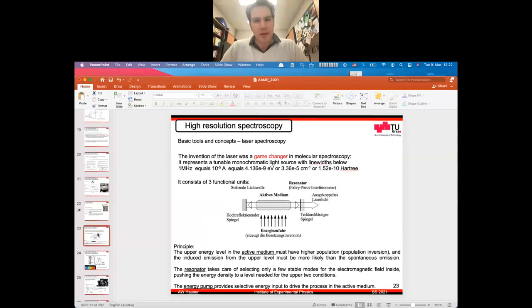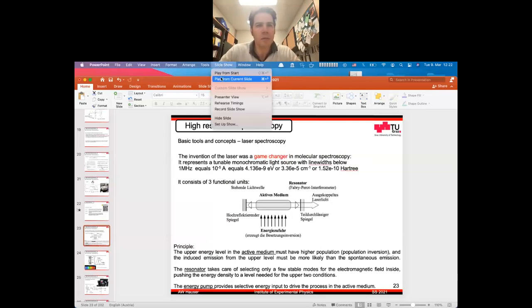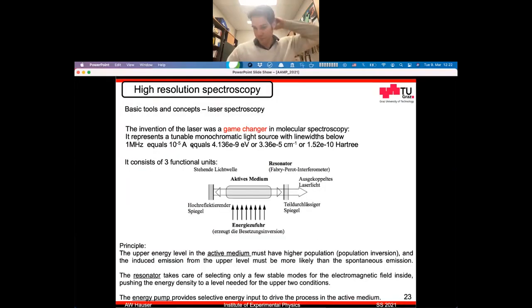Today we are talking about the laser as an important tool, an ingredient in molecular spectroscopy, and it is linked to what we've heard before, in a sense that one of its basic functional units is a Fabry-Perot interferometer. So here on slide 23, one of the three functional units is the Fabry-Perot interferometer.